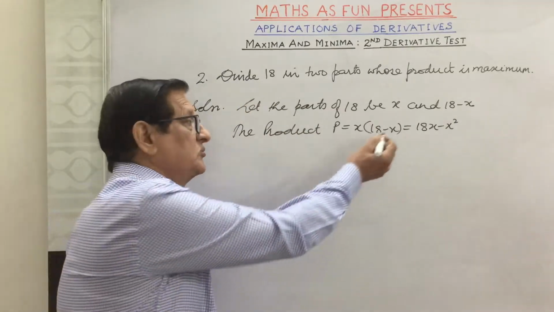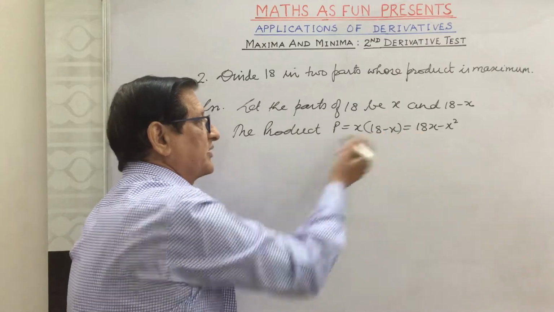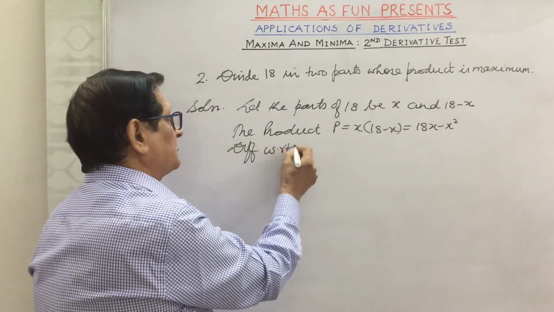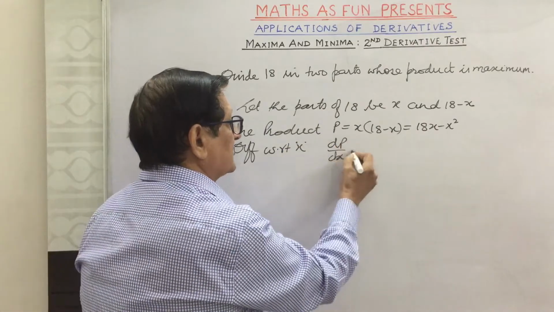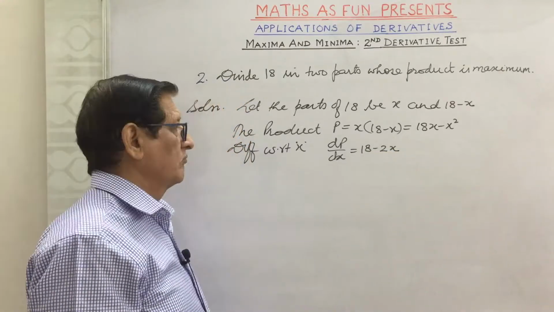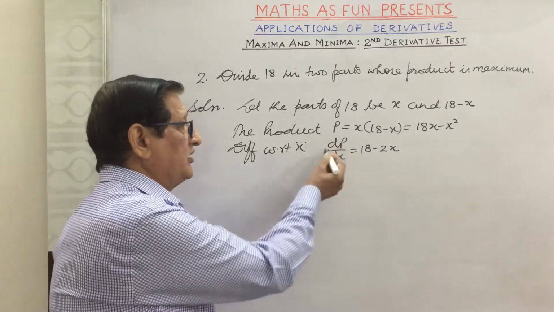Now this function is to be maximized, so we have to differentiate this with respect to x. So we write, differentiating with respect to x, we get dP by dx is equal to 18 minus 2x. To find the critical points, we have to take dP by dx as 0.